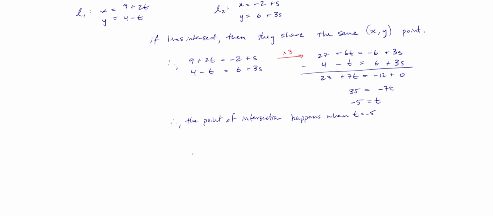So all I do is sub t equals negative 5 into line 1. So x is equal to 9 plus 2 times negative 5, so x is equal to negative 1. And then y is equal to 4 minus negative 5, so y is equal to 9. So therefore, (-1, 9) is the point of intersection.